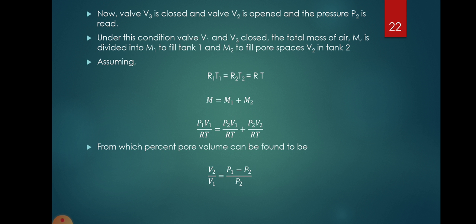Assuming R1 T1 is equal to R2 T2, which is equal to RT, m is equal to m1 plus m2. From these two, P1 V1 by RT is equal to P2 into V1 divided by RT plus P2 into V2 divided by RT, from which the percent pore volume can be found to be V2 by V1 is equal to P1 minus P2 divided by P2.